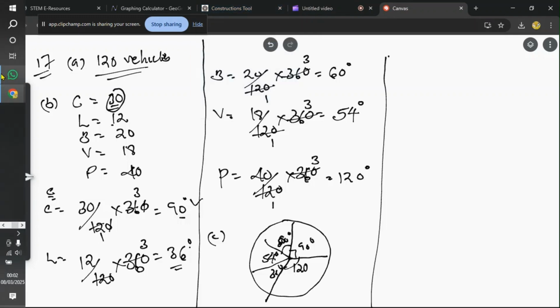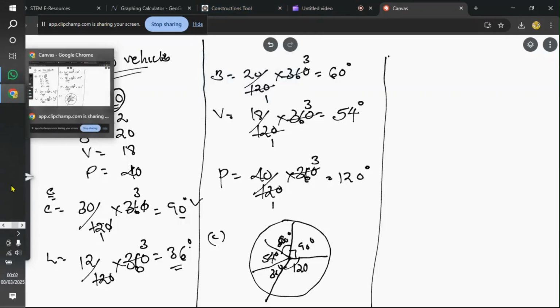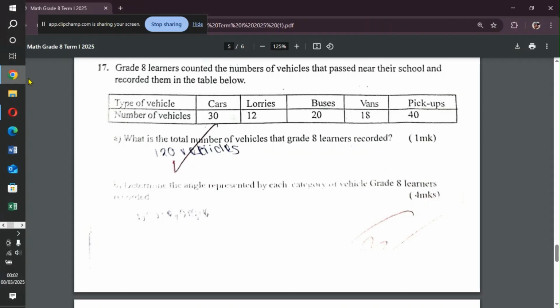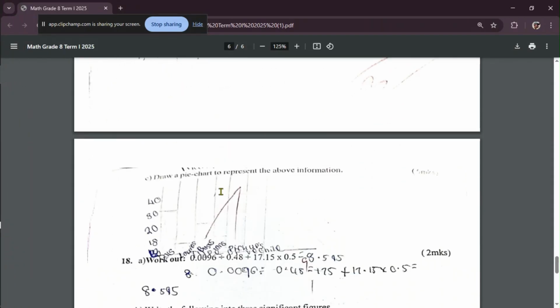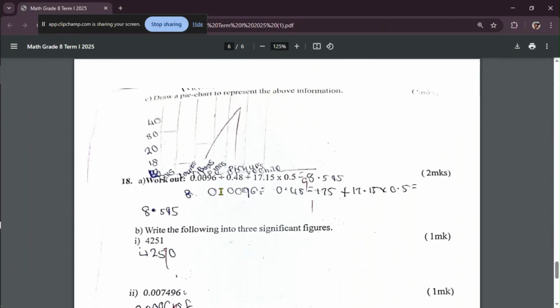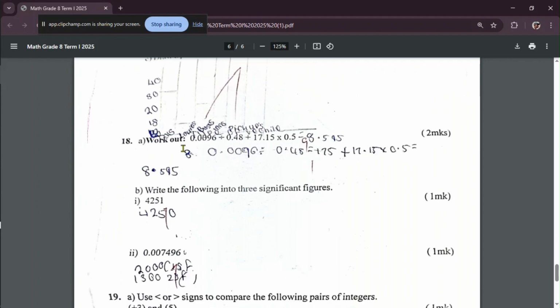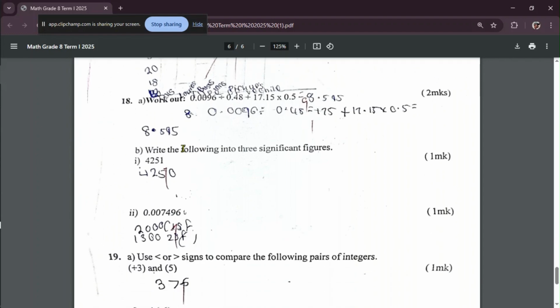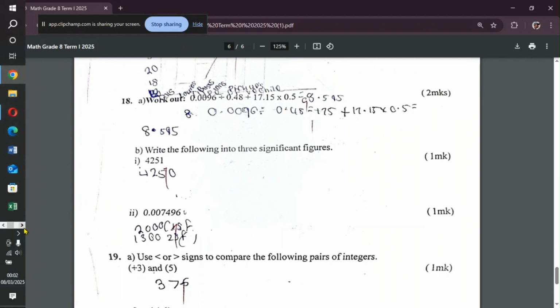The next question was number 18, to work out. So here let's move a bit fast.